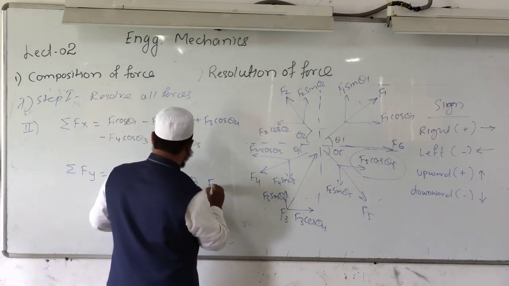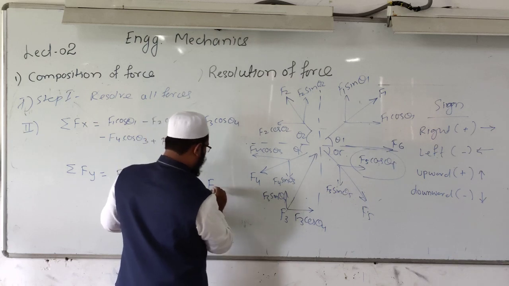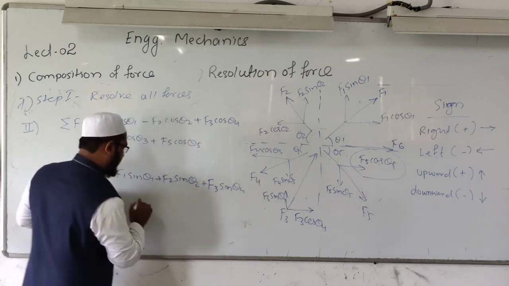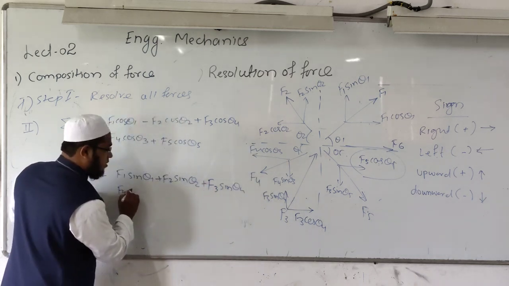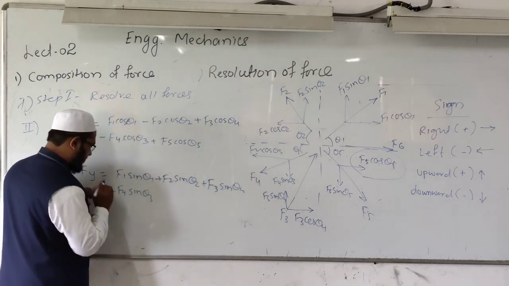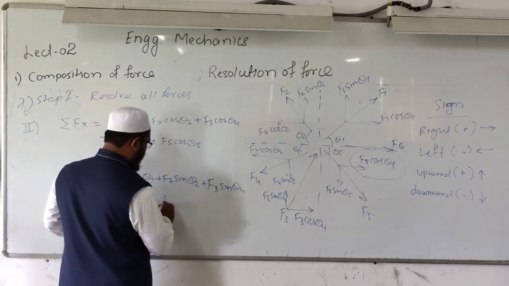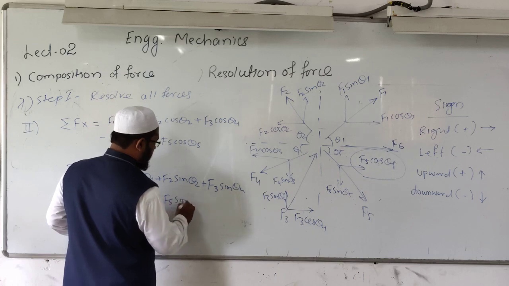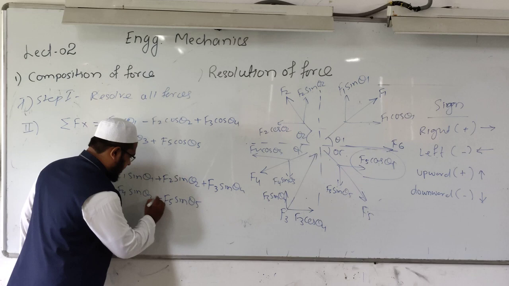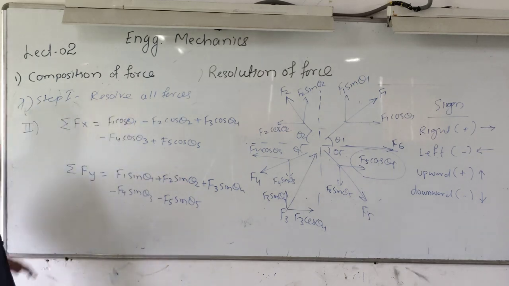Third force, F3 sin theta 4, it is upward, positive. F4 sin theta 3, it is downward, negative. And the last, F5 sin theta 5, this force is downward, that way it is negative.